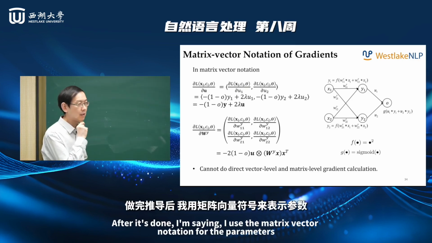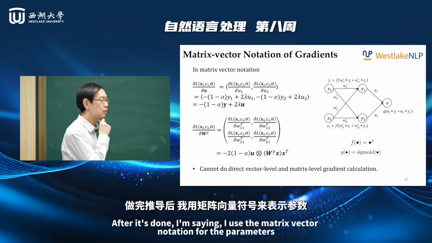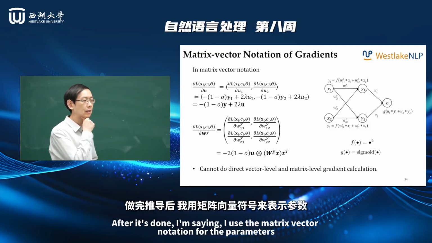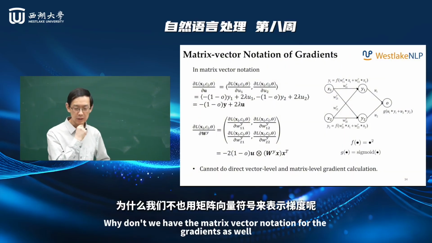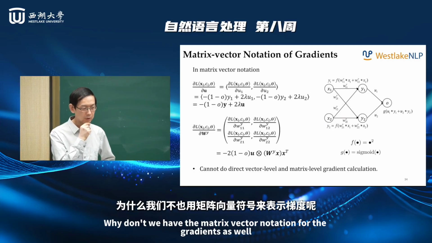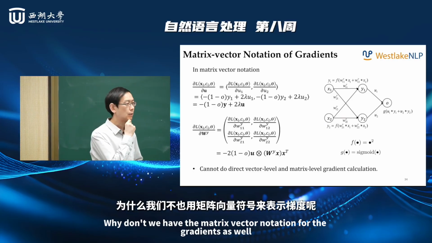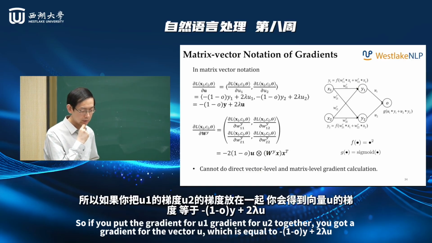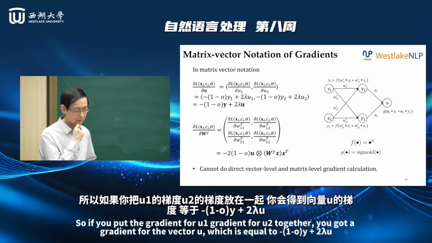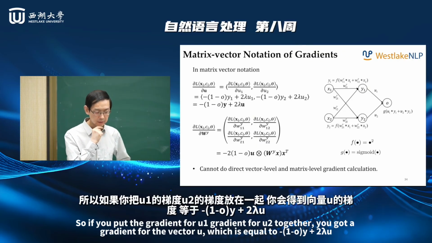After it's done, I use the matrix vector notation for the parameters. Why don't we have the matrix vector notation for the gradients as well? If you put the gradients for u1 and u2 together, you get the gradient for the vector u, which is equal to minus 1 minus O y plus 2 lambda u.